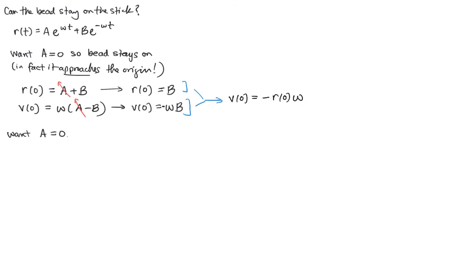So we're going to start at some position r naught, and the velocity will be inwards. If you pick the initial velocity just right, so it's equal in magnitude to the initial position times omega, then the position as a function of time will be b e to the minus omega t, because a is 0 and b is r naught.